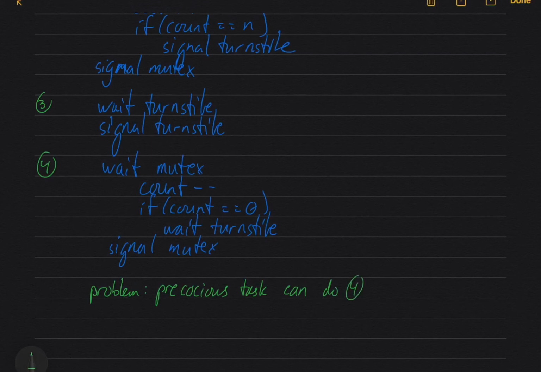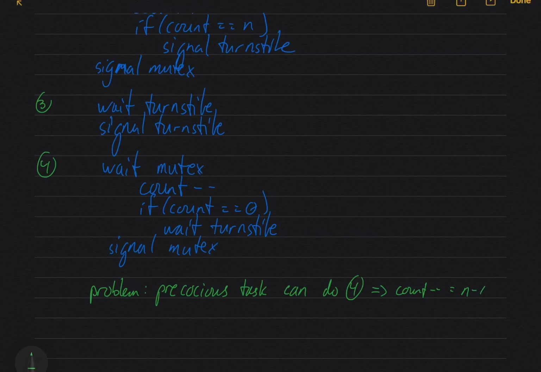So say it's the first task that does part 4 there. So in that case, count minus minus will be equal to n minus 1. And there's nothing that says that it has to stop right there.